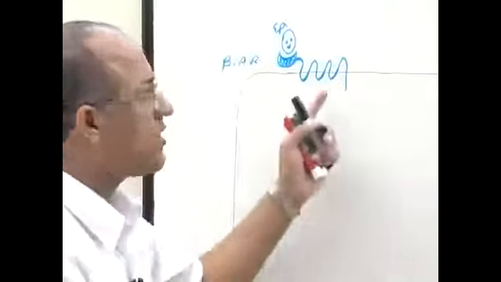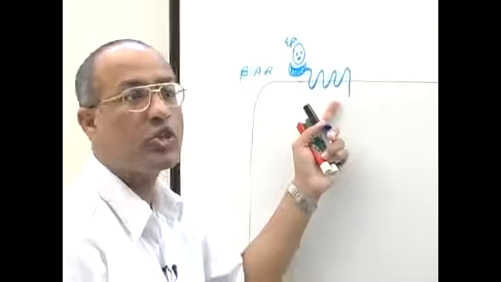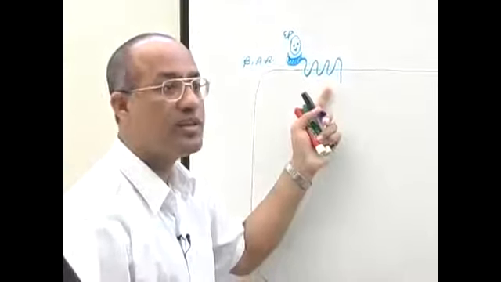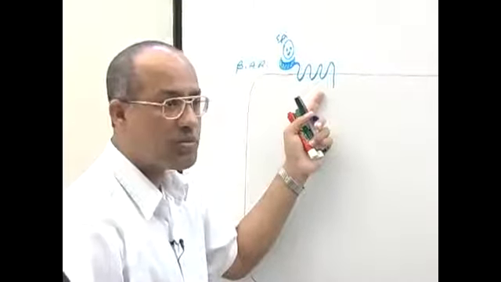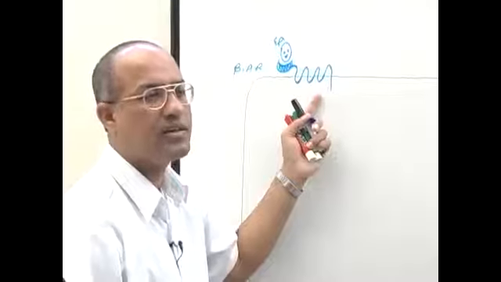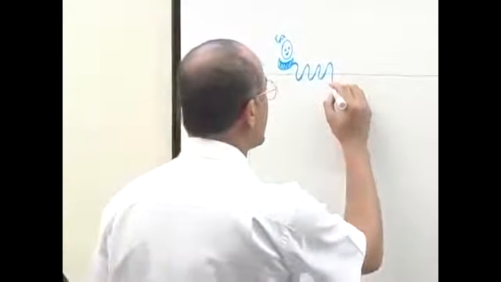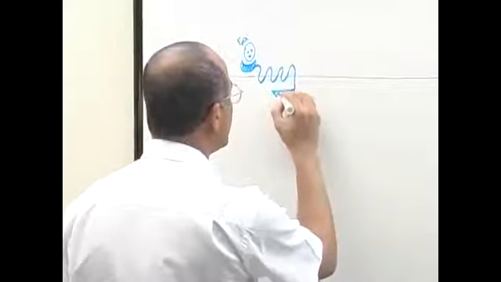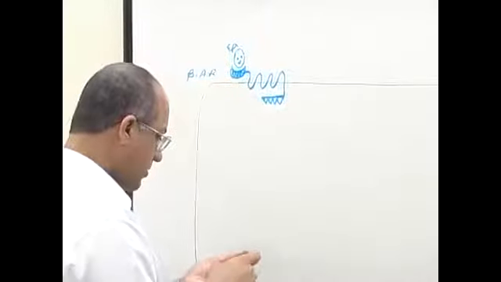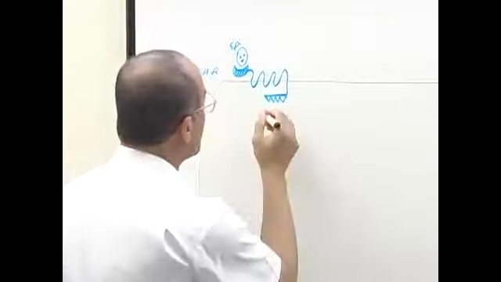You remember the alpha 1 adrenergic receptor was coupled with Gq. The alpha 2 adrenergic receptor was coupled with G inhibitory, but the beta 1 adrenergic receptor is coupled with G stimulatory protein.